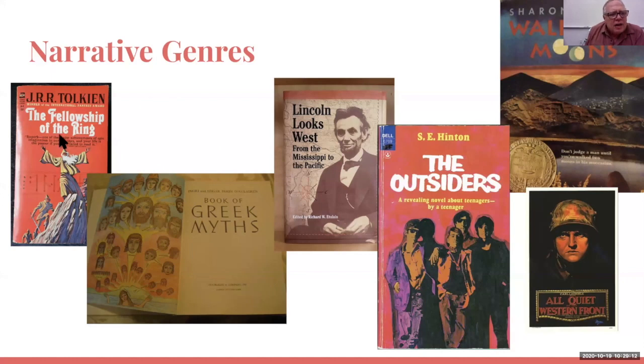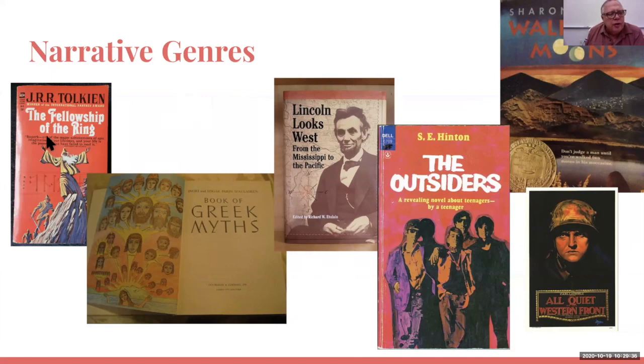But in fact, there are many genres, including some within the narrative, that are actually nonfiction. Here's one about President Abraham Lincoln. It says, Lincoln Looks West, from the Mississippi to the Pacific. And it's a biography, and it's a historical book, okay?